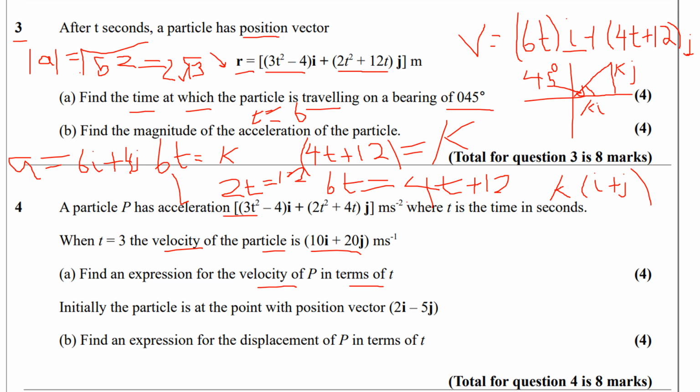So 3t squared goes to 3t cubed over 3. Remember, you add 1 to the power and divide by the new power. So you're going to have t cubed. Minus 4 integrates to minus 4t: think of it as minus 4t to the 0, you add 1 to the power, so minus 4t to the power of 1 over 1, and dividing by 1 doesn't change the answer. This is my i component.